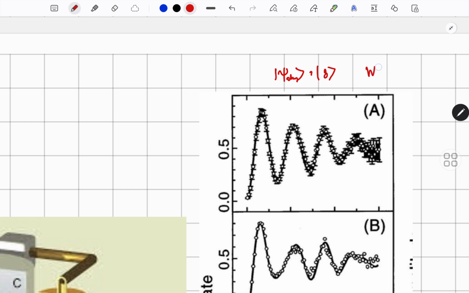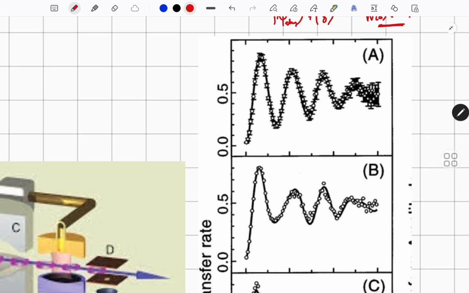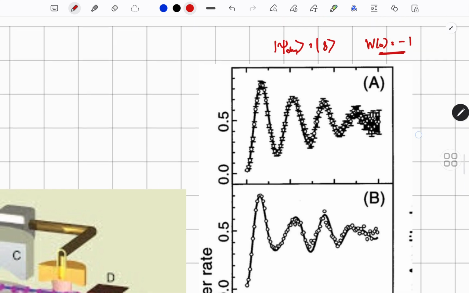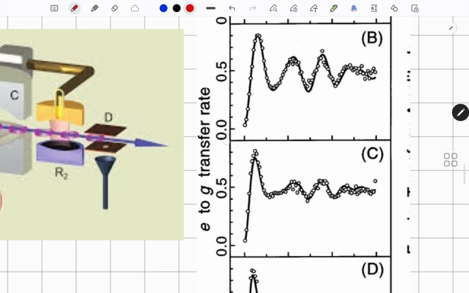So therefore the inversion value will start from -1. So if you look at all these graphs, sorry, it is not the inversion, in the graph it is the transition rate. Okay, so the left side is the transition rate. That is already written here: it is the E to G transfer rate, or transition rate.